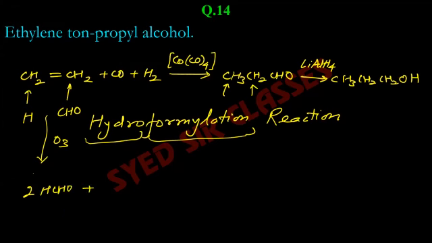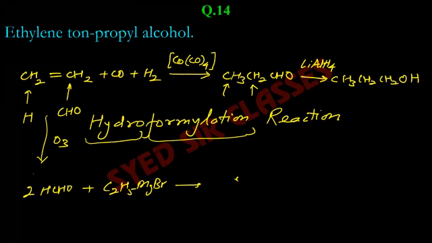After that you react it with C2H5MgBr. After that you do acidic hydrolysis, then also you will get that. But in that case you will get secondary, not primary. It is common to get alcohol from alkene, but in this particular case you will get primary.